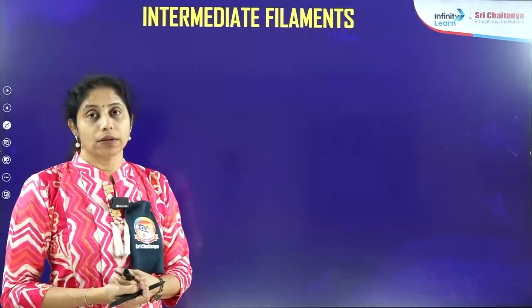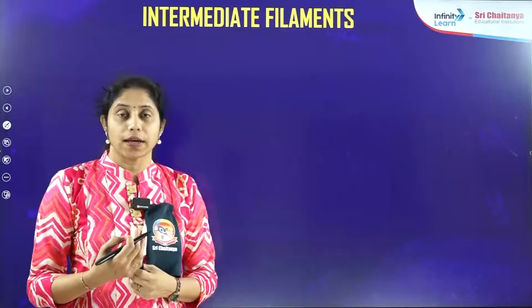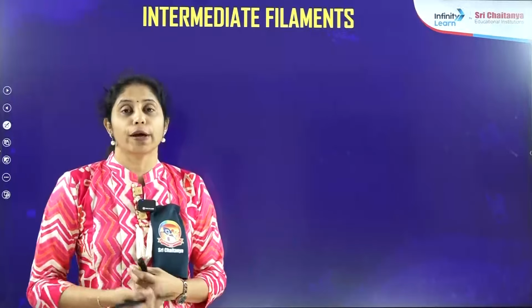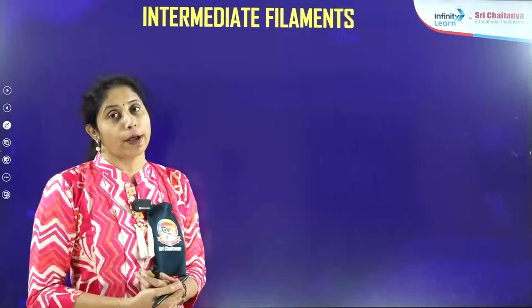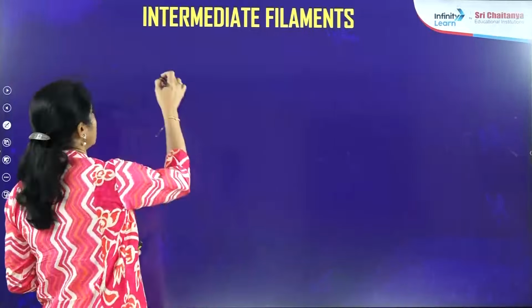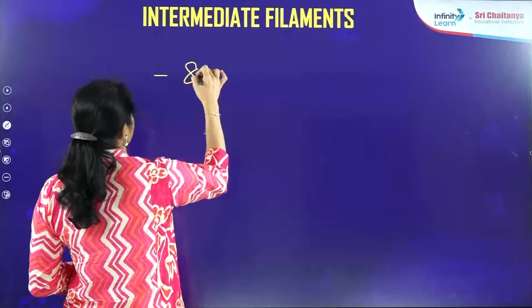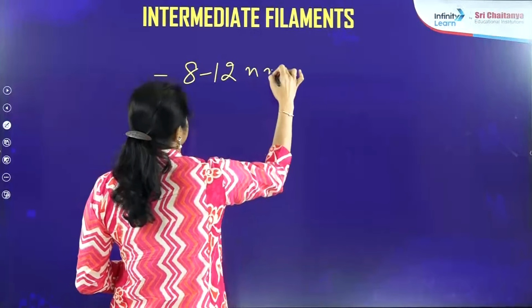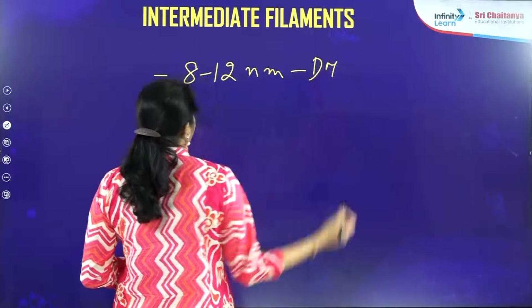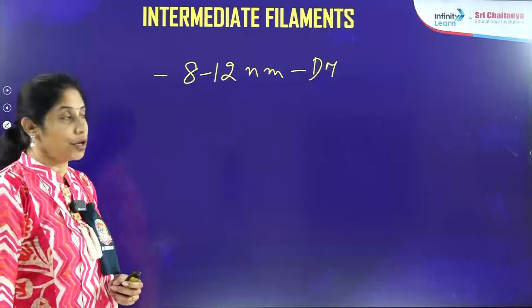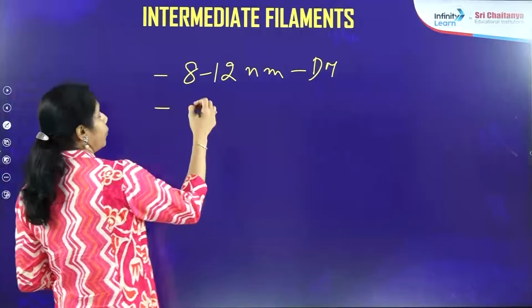intermediate filaments. These are the second component, and they have an intermediate, medium size in between the microtubules and the third component, microfilaments. They have a diameter of 8 to 12 nanometers, and they are made up of proteins.